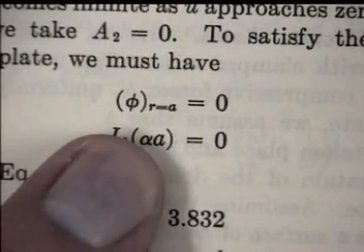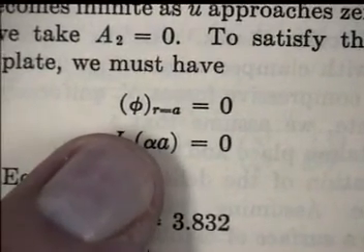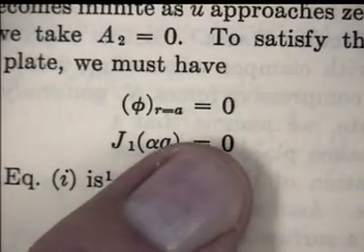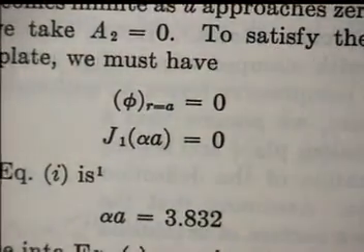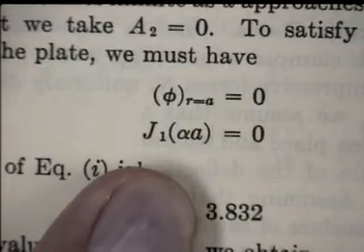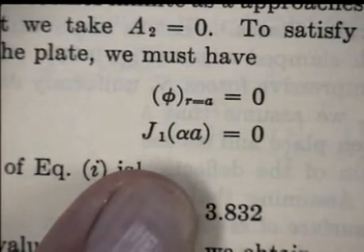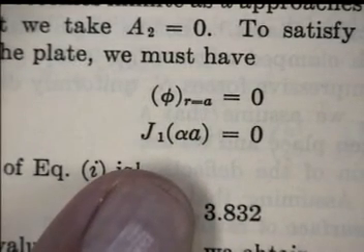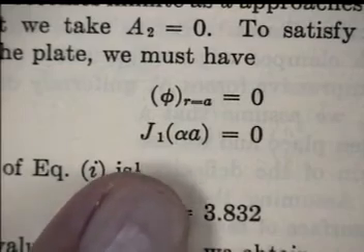If it is a clamped end, then the first derivative of w, or phi in this case, must be 0. That means that the Bessel function calculated at u equals alpha a, remember u equals alpha r, but r equals a, must be 0.